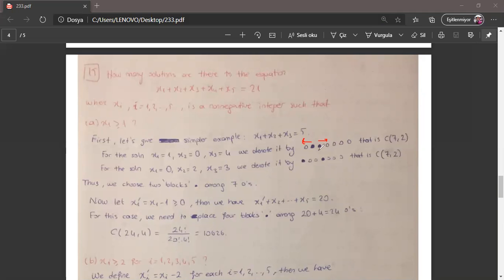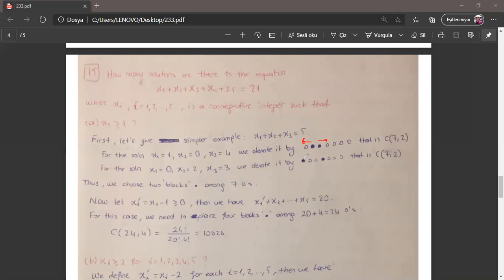So how can we choose such solutions? We have 7 empty dots at first. Okay, think of these ones also as empty dots at the beginning. So we have 7 empty dots, and we just choose 2 of them to determine the values of these variables. Okay, so we have this combination. Again, also, for example, for this solution, we can also denote it using these.